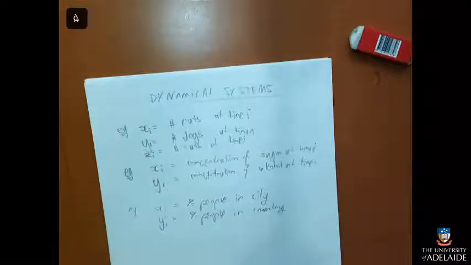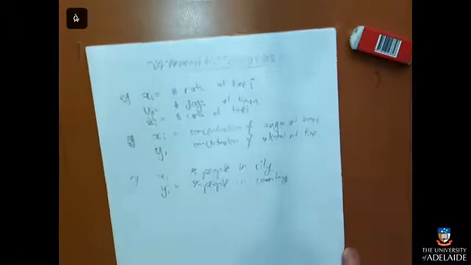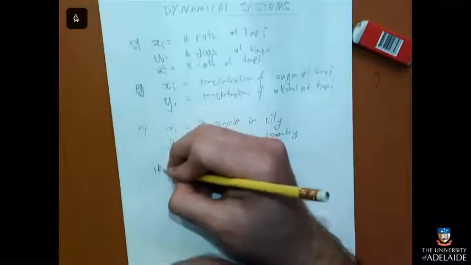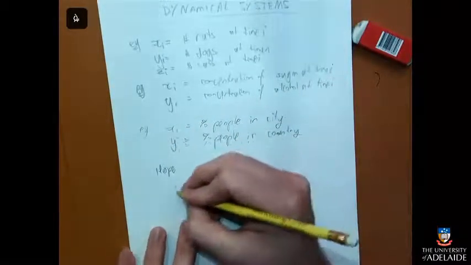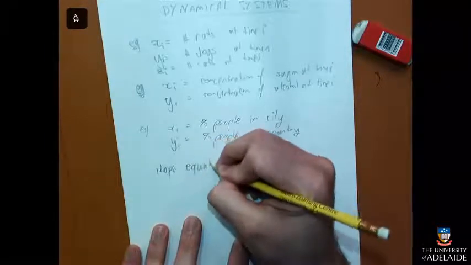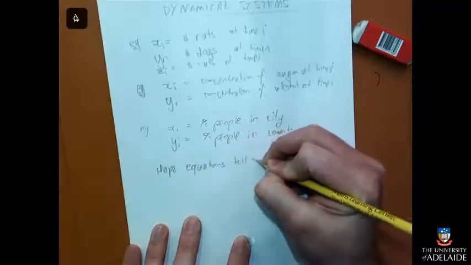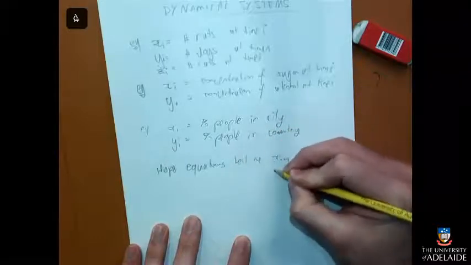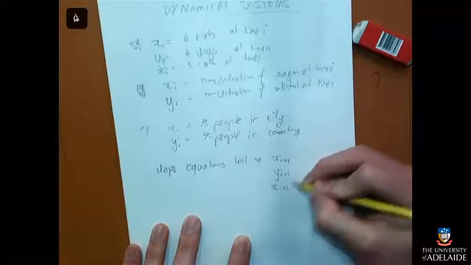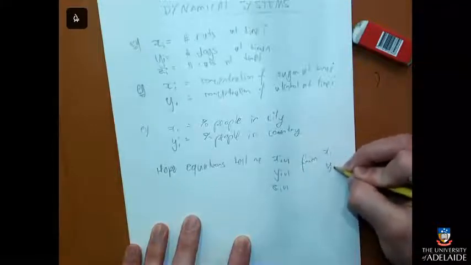And what you hope for is that there's some sort of formula that tells you how to figure out the next one from the one you're up to. So if I was at x10, I'd hope that there's some sort of formula that tells me how to figure out x, y and z for x11, y11 and z11. That's the hope that I have. So I hope I have some sort of equation that gives xi plus 1, yi plus 1, zi plus 1 from xi, yi and zi.